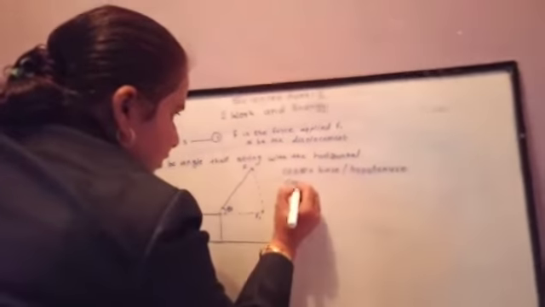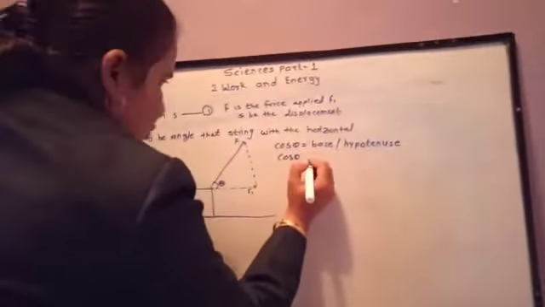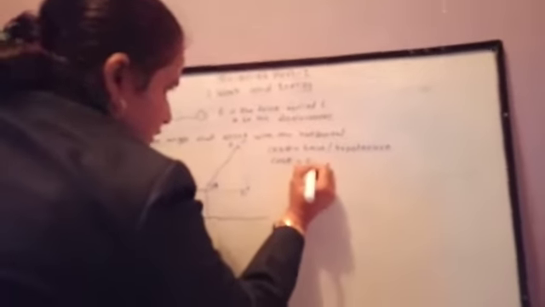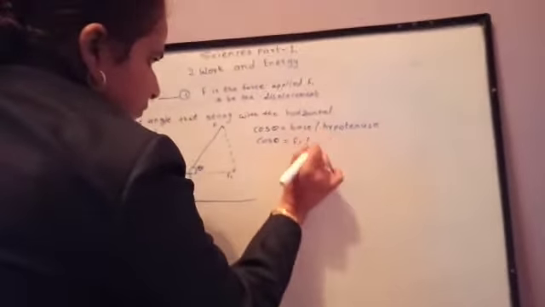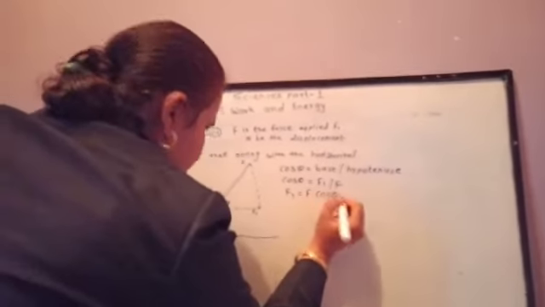Cos theta equals F1 upon F. F1 equals F into cos theta.